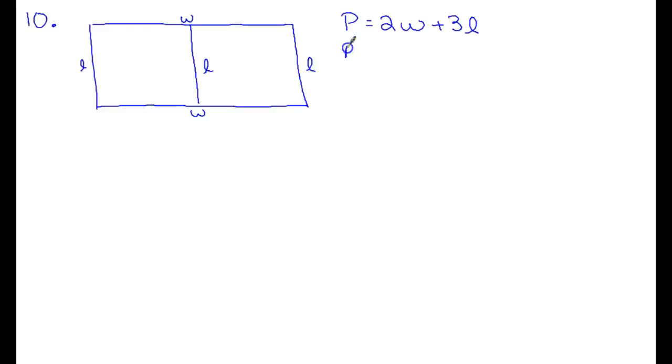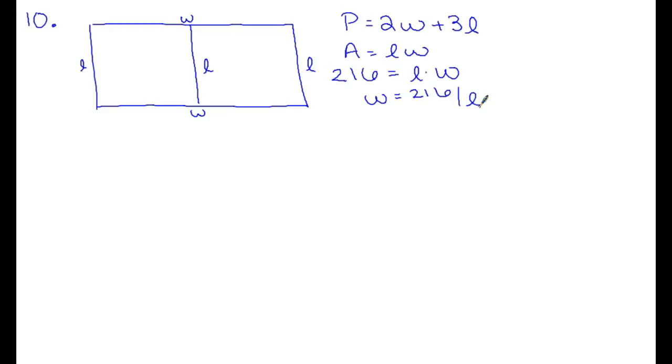So your area is still length times width, and you're given that the area of the region has to be 216. Exactly. I found W, so I could get rid of my L's. So I said W equals 216 over L. And then I plugged 216 over L in. No, I didn't.